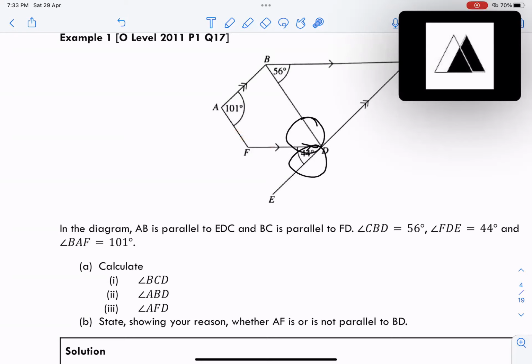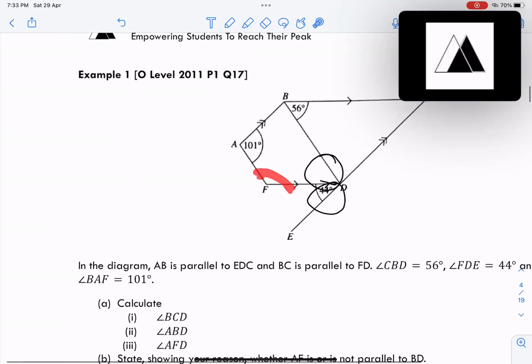So we have to see, okay, just now we found AFB. Okay, and we also know what is FBD. FBD is 56 degrees, AFB is 103 degrees. So if we add it up, right, 56 degrees plus 103 degrees is 179 degrees. It's actually not 180.